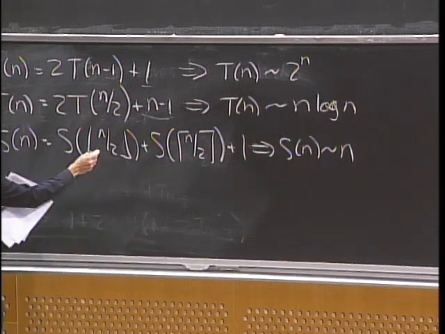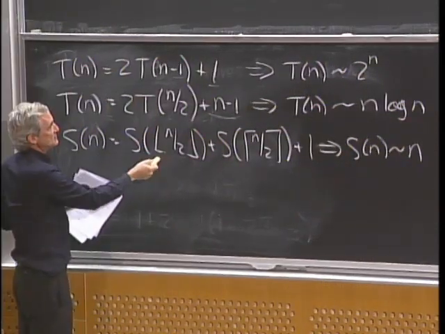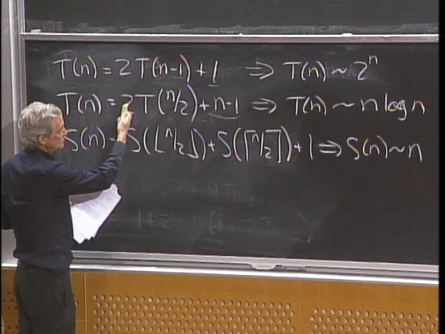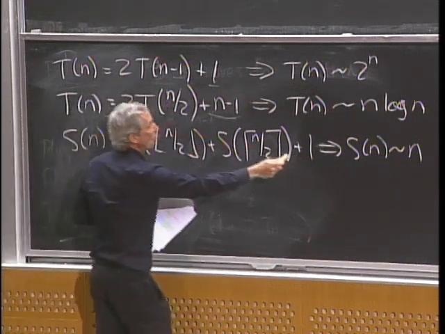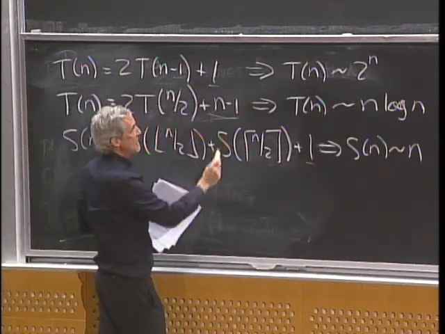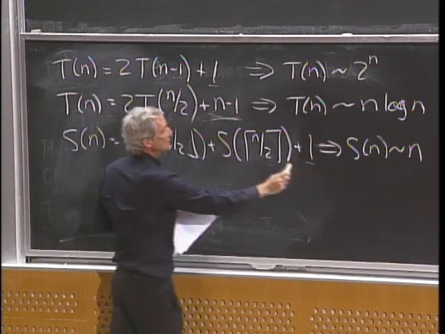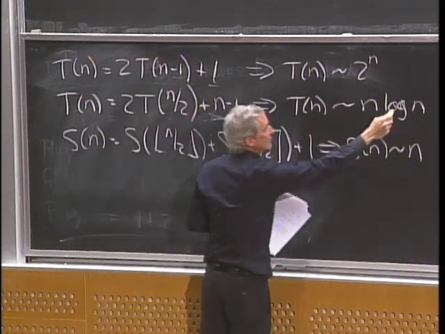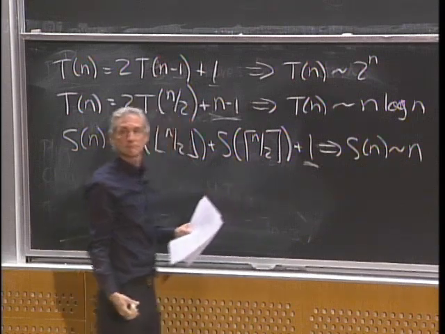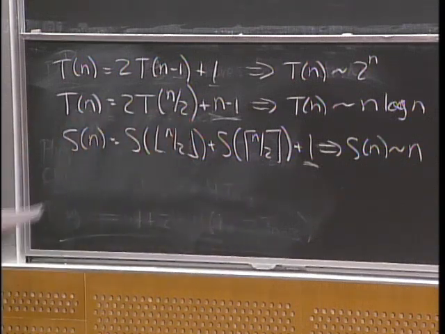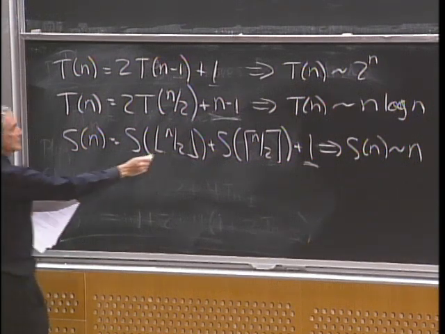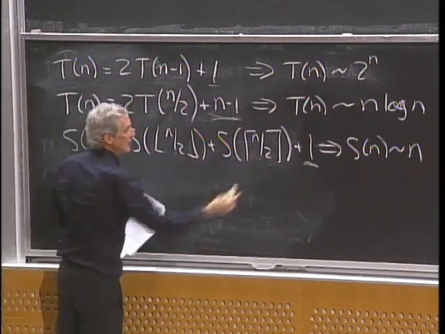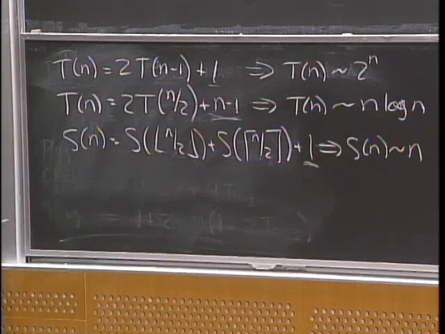Now, this is the same expression as this if n's a power of 2. I'd have 2 S of n over 2 plus 1 instead of n minus 1. And so by going from n minus 1 to 1, I got rid of the log term. All right, but it's still not exponential. And that's because I'm cutting down the insides here by a factor of 2 roughly. Okay?